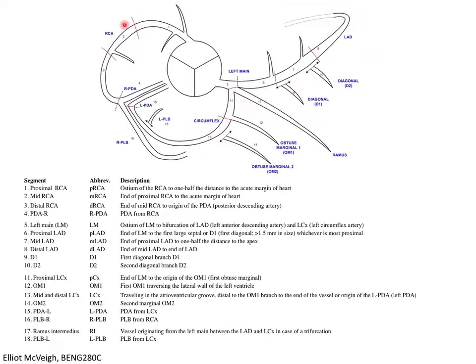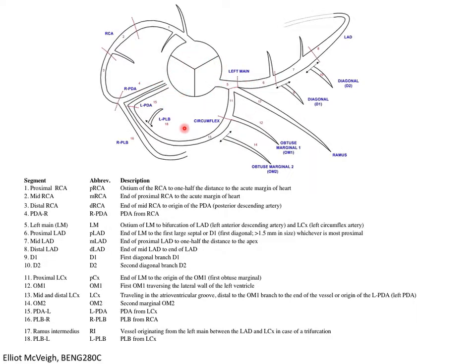So here's a chart of the regions of the coronary arteries that are significant for when you're making a picture and you want to report back that it's normal or abnormal. And so the normal and abnormal lesions are given positions, and the positions are according to this chart, so that the physician whose patient it is can understand where the lesion is, whether or not it's distal or proximal to the aorta.